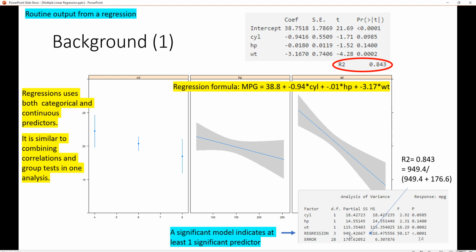It's the regression divided by the total amount, the partial sum of squares. So 949 divided by 949 plus 176, and that gives you about 0.843. And a significant result on this line indicates that at least one predictor is significant in the model.